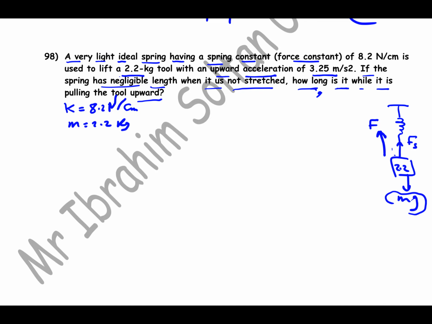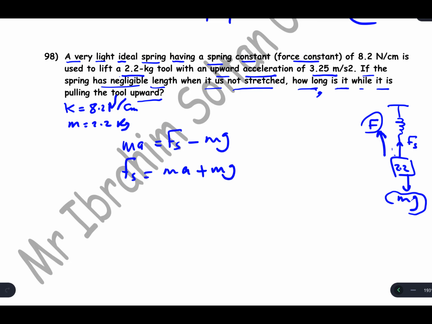So let's analyze the forces here. You have F equals ma in y direction equals F spring in the same direction minus mg. So F spring equals ma plus mg, equals m times a plus g.